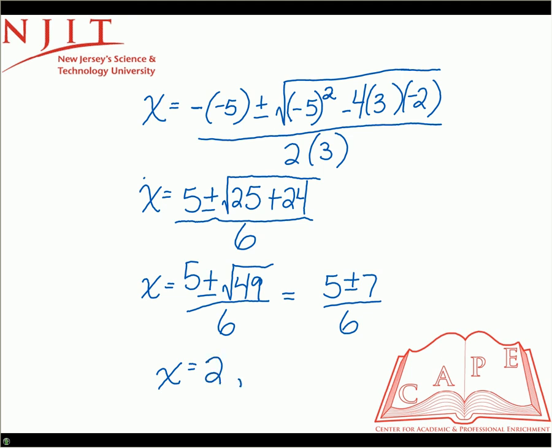And the second answer is going to be 5 minus 7, which is negative 2 over 6, and that is negative 1 over 3. And then those are your two final answers for when solving with the quadratic formula.